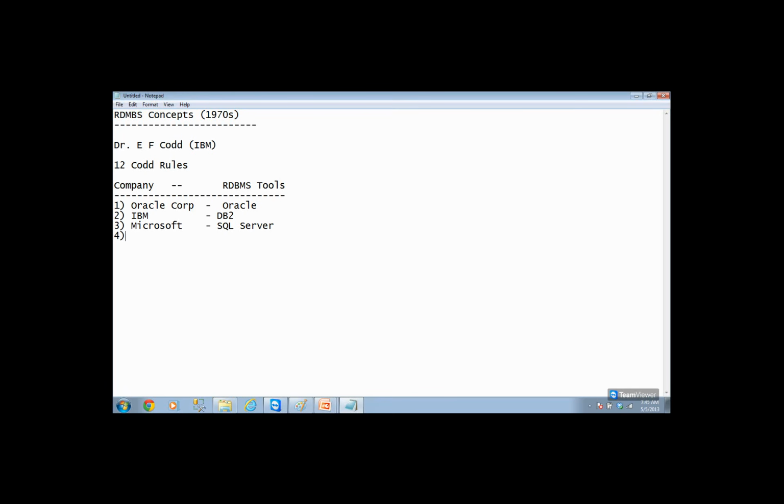Then in the market we have Teradata. I don't know the company name, but these guys developed a famous software called Teradata. Then we also have an open source software, MySQL. All these are called RDBMS tools.